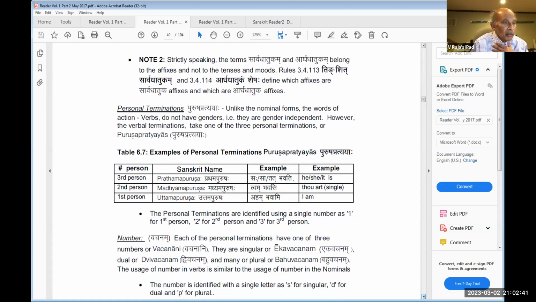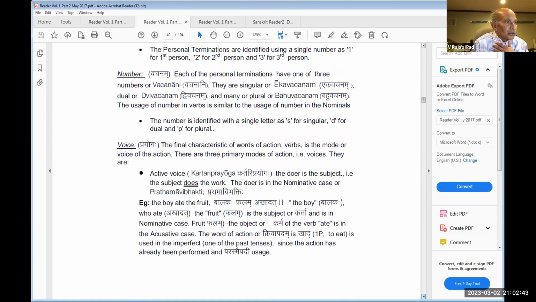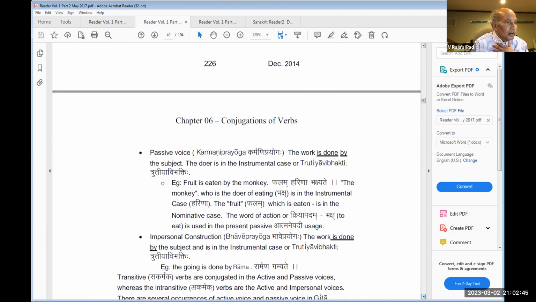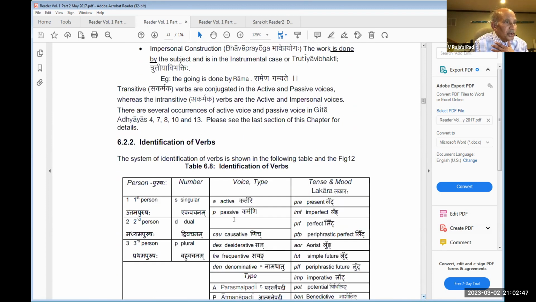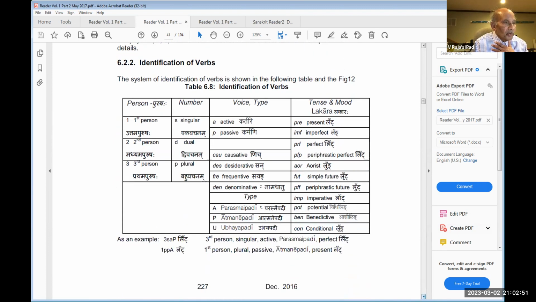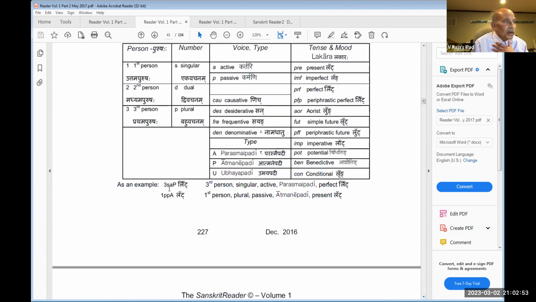And then, how do you identify the lakara with this? See, I never realized the time. When you look at a lakara: third person, singular, active voice, parasmaipadi, lit. Lit means parokshe bhute, like Arjuna uvacha or Bhagavan uvacha.